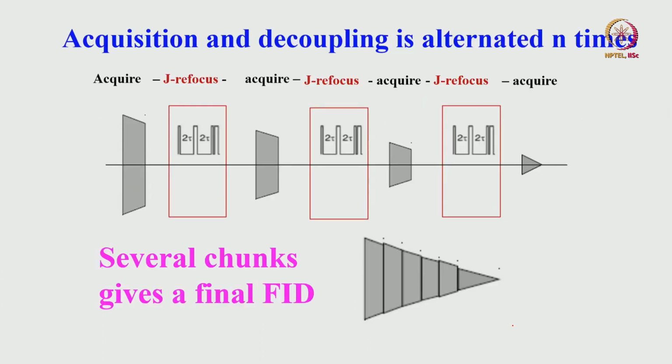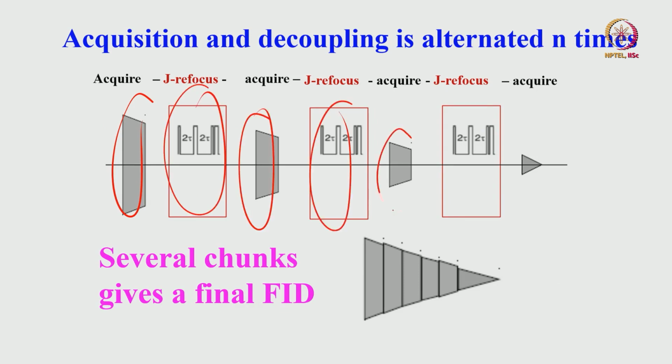This is acquisition and decoupling alternated n times. You acquire the signal, in between you use a J refocusing, again acquire signal, J refocusing in between like this. Keep on repeating the whole experiment n times.